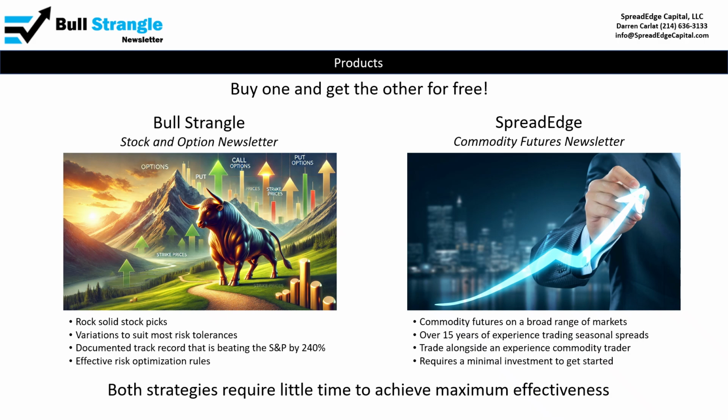With the Bull Strangle, for example, all trades are placed on Monday and for expiration 4 Fridays later. And then with the commodity futures, it's similar. There may be trades across the week, but there's just a few trades each day, and they are swing trades so that they have a defined entry and defined exit date. So managing both strategies is actually quite simple.